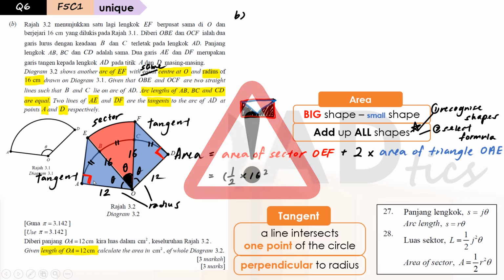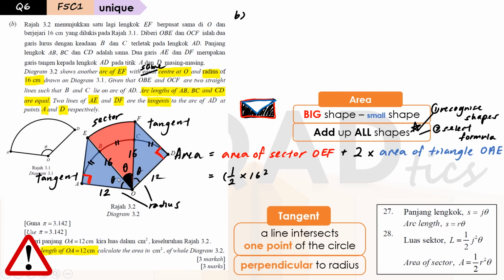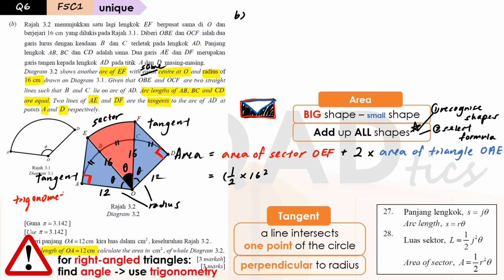And since this is a right angle triangle, if we want to find out the angles, we can use trigonometry: the sine, the cos, and the tan. To use trigonometry, what we need to do is identify for each of the lines here whether it is opposite, adjacent, or hypotenuse.